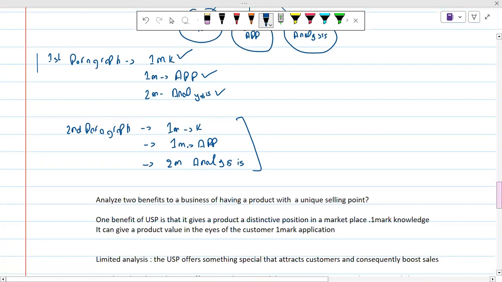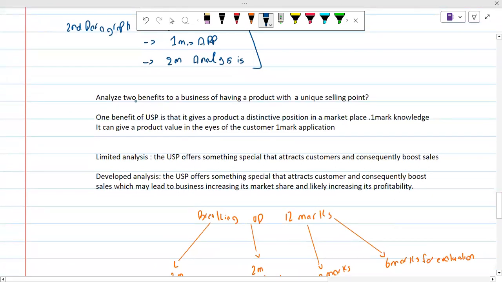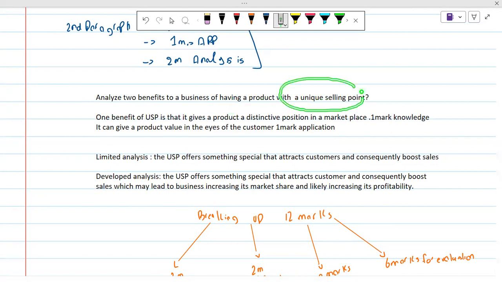Okay, so here you can see the analysis. For example, if there is a question, analyze 2 benefits to business of having a product with a unique selling point. We have to analyze that if a business has a USP, what benefits it may achieve in the future.